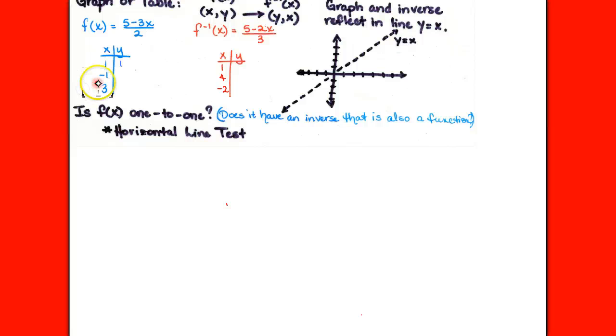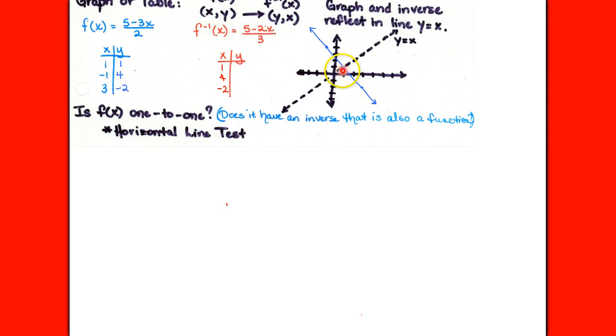How about if we take negative 1 and plug it in? What are we going to get? 4. And what if we take positive 3 and plug it in? Negative 2. So let's plot those points.